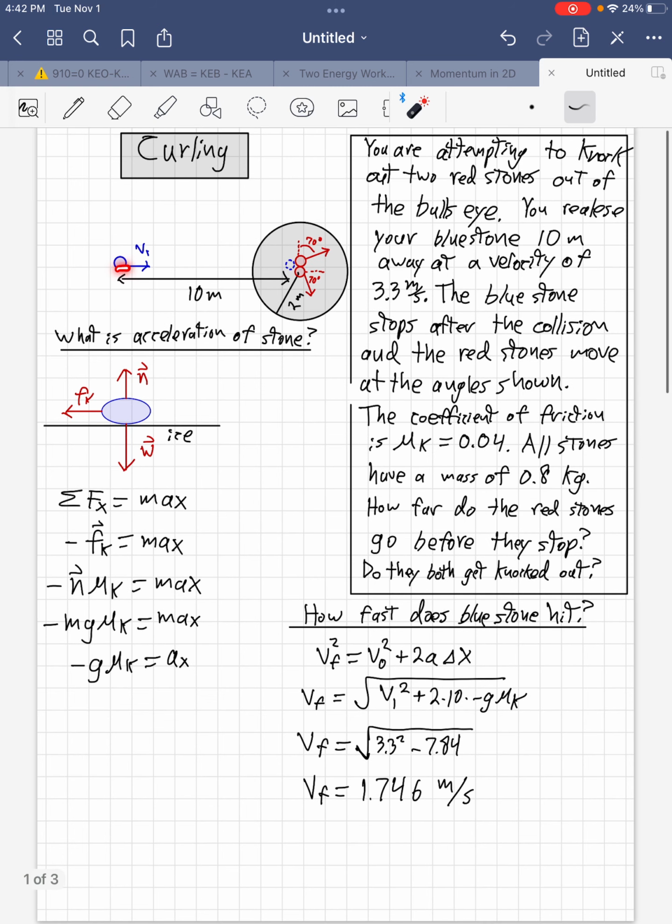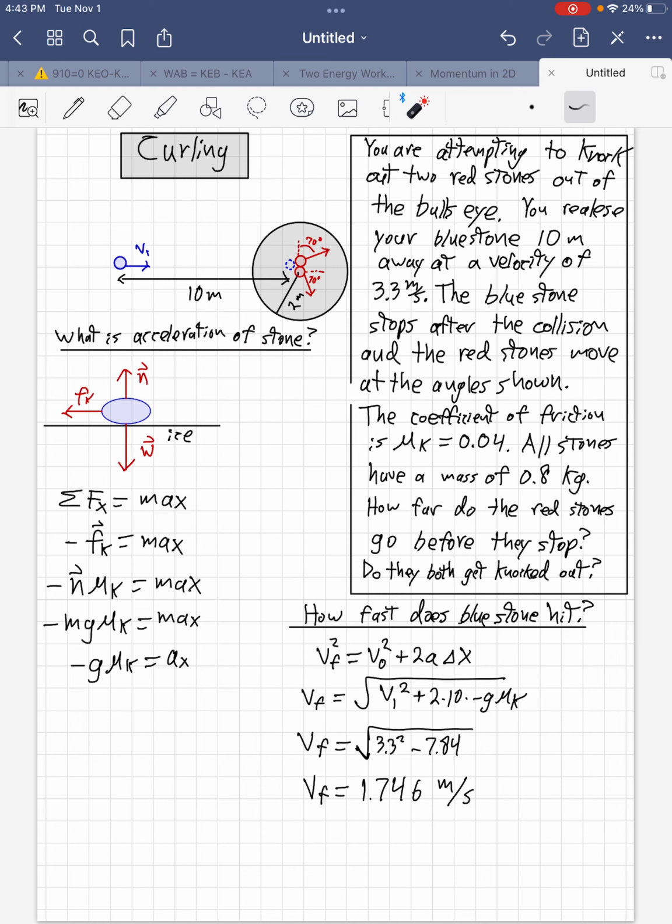We released it at an initial velocity of 3.3 meters per second, but we know that the stone is going to be slowing down while it travels these 10 meters, and it's going to be going at a slower velocity by the time it hits the red stones. So what's going to be the acceleration of the stone while it's sliding on the ice? We're going to need to know that.